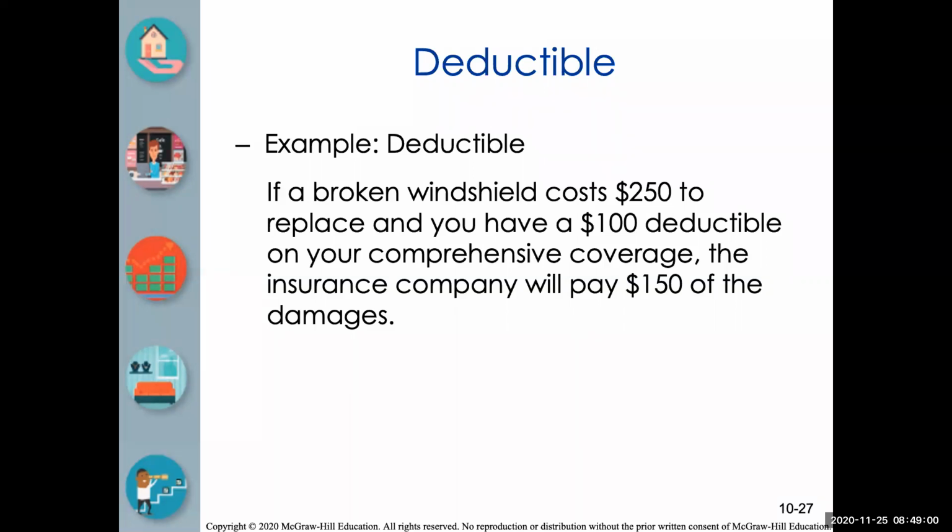Okay. So from a myopic point of view, that's great. You only have to pay for $100 of the $250 expense. But if you file that claim with the insurance company, you're going on record filing that claim, holding the insurance company accountable for paying you $150.